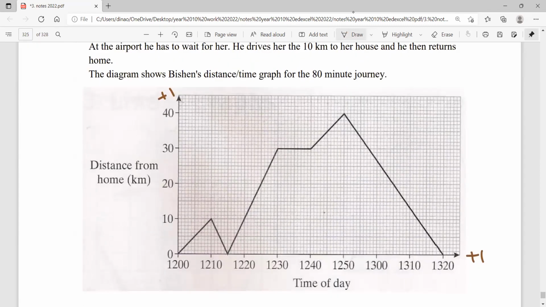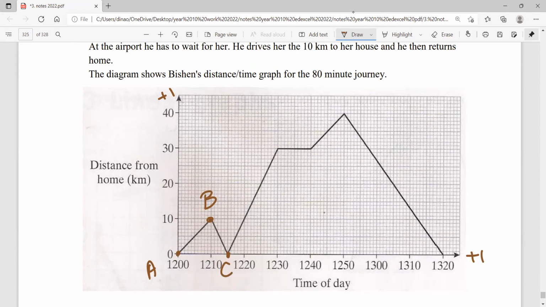Let's see the journey again. Point A represents 12 noon. He left his house at 12. He drove until he reached point B. After driving and reaching point B, he remembered that he left the phone at home. So he had to go back home to get the phone.